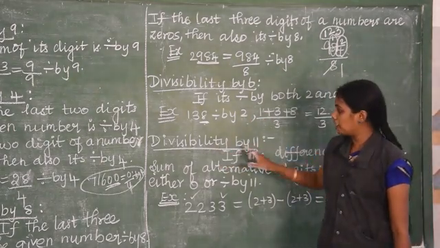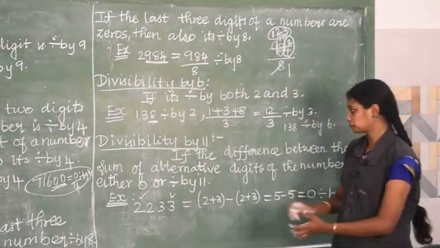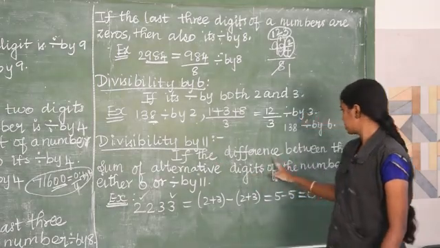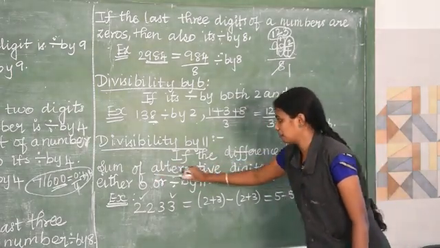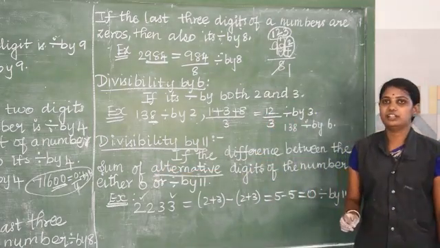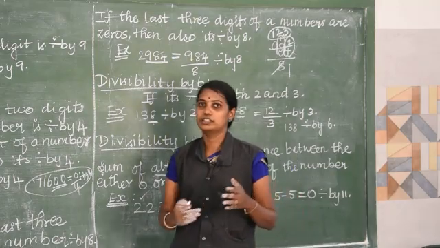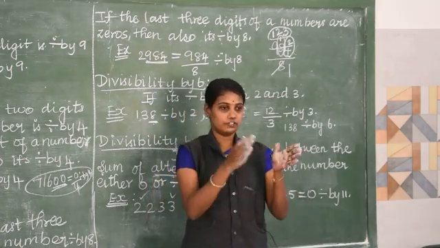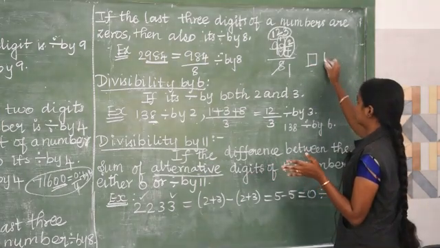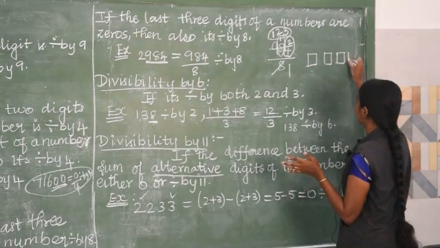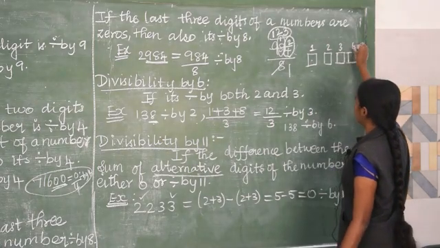Next, divisibility by 11. 11 is different. Listen to me properly. If the difference between the sums of alternate digits is either 0 or divisible by 11. What is meant by alternate? For example, when you write the exam, we ask you to sit alternately. Take chairs 1, 2, 3, 4.